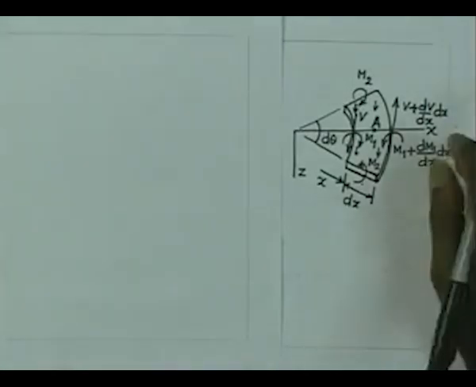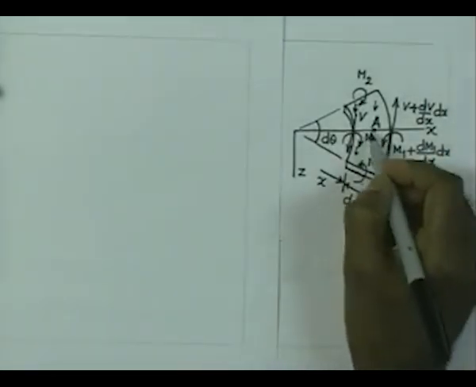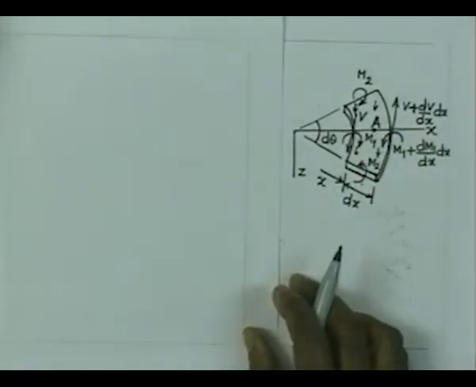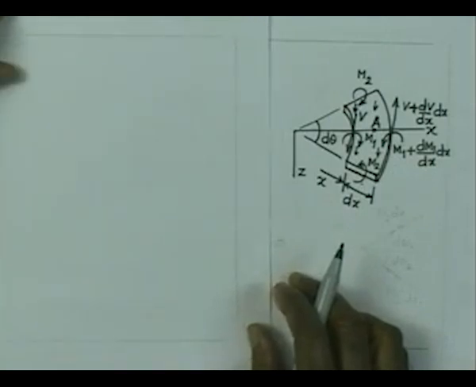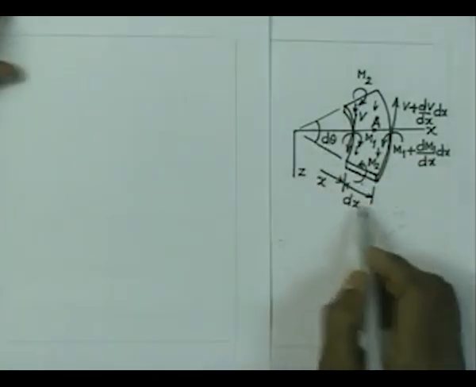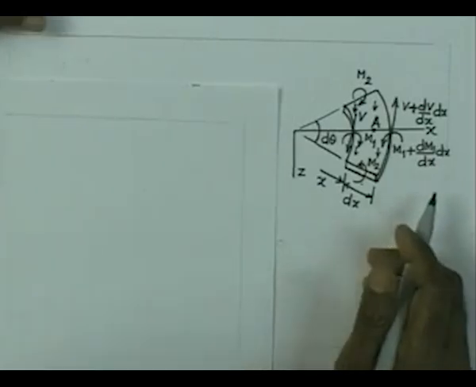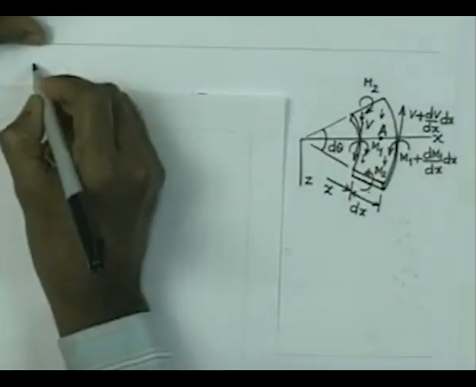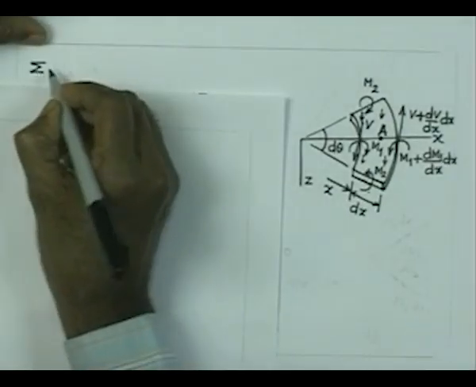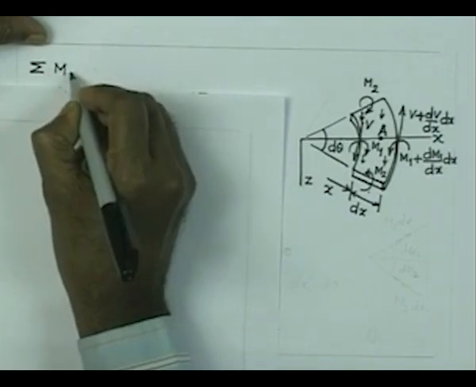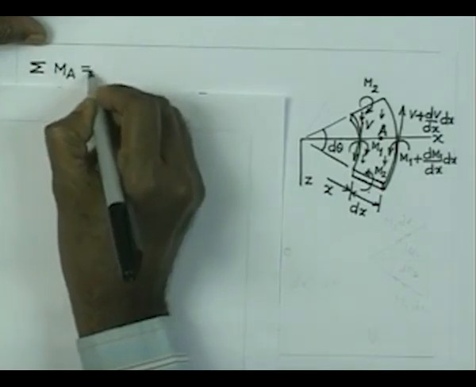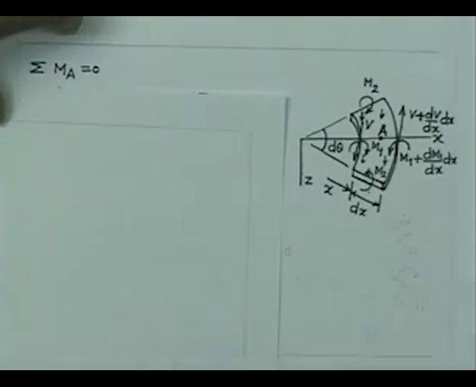Now, let us consider the moment of all the forces about the center point of this element, which is of dimension d theta and dx. So, we will consider now the moment of all the forces which are shown here about A, that is equal to 0.